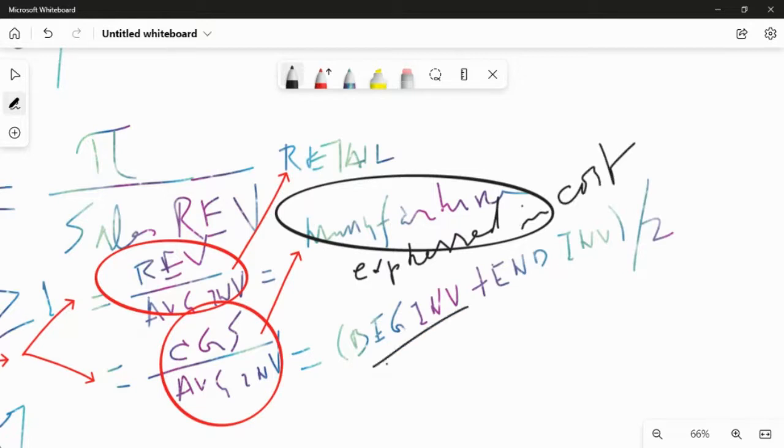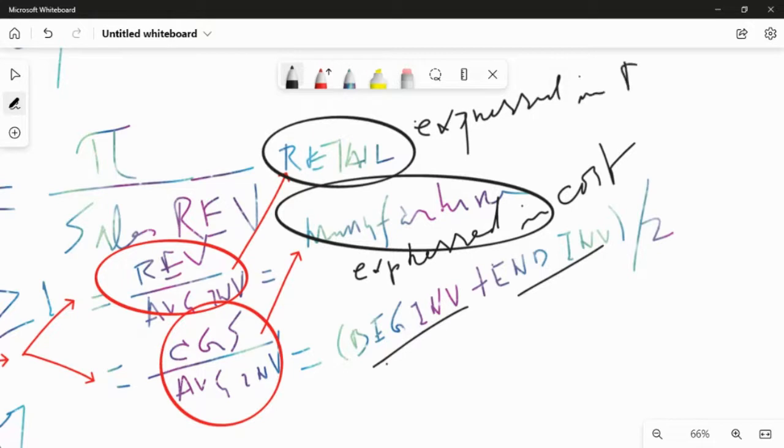Okay, so it's all in cost. In retail, inventory is expressed in selling price, right?